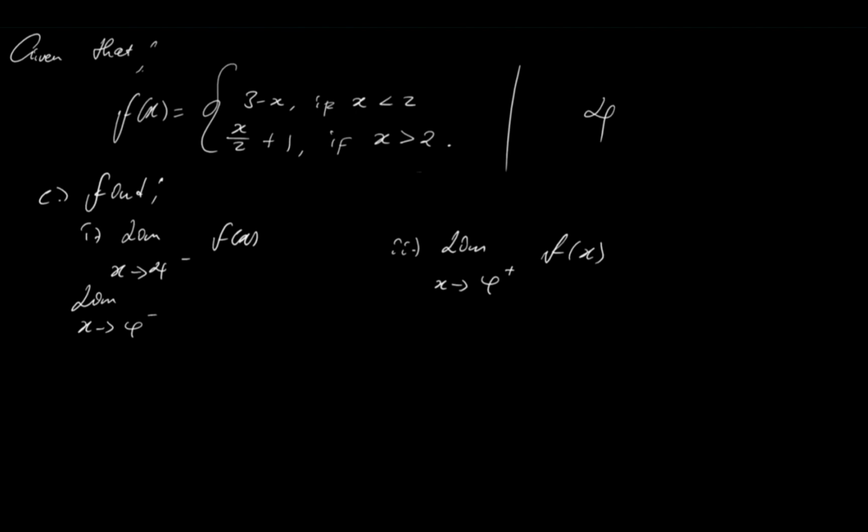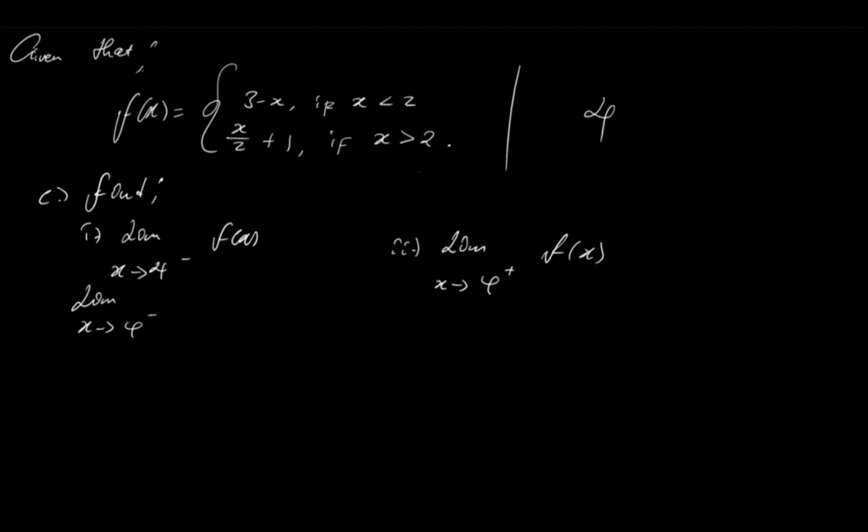Now, when x is less than 2, we can't really derive the fact that as x approaches 4 from the negative hand side, it will be equivalent to such. Because if you look at the values that are less than 4, all those values are greater than 2.